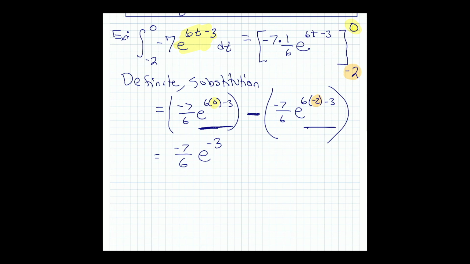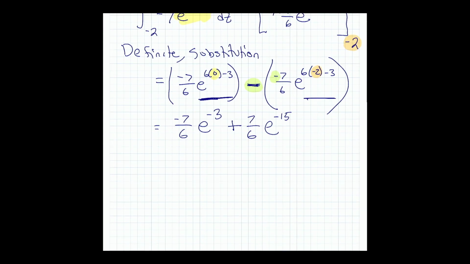And then you have a minus, and a minus is a plus, so plus 7 over 6 again. And then it's e to the, what's the exponent? 6 times -2 is -12, -12 minus 3 is -15. And that's it. That's what they expect.